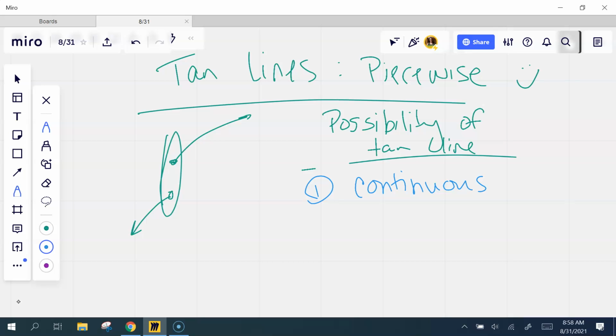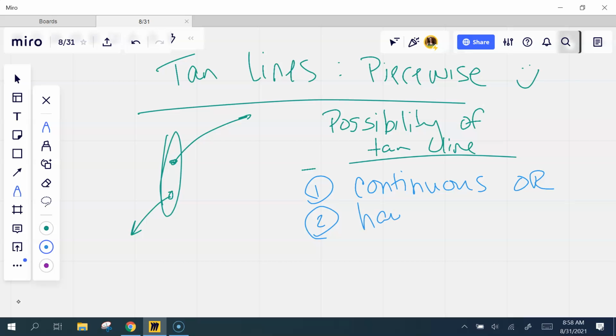Because that hole's got to be filled in right there also. I can't just have an open hole. I can have a hole and the limit could be the same approaching, but then have the point defined up here, and it's not continuous. So the limit from the left has to equal the limit from the right, which also has to equal the function value.